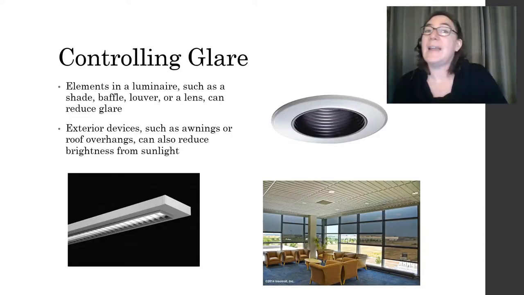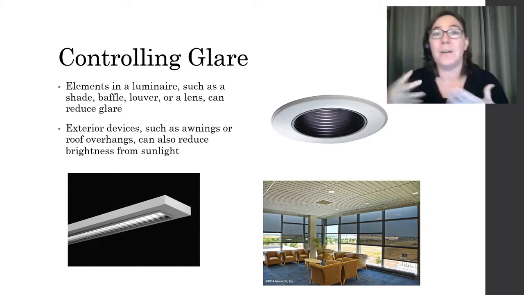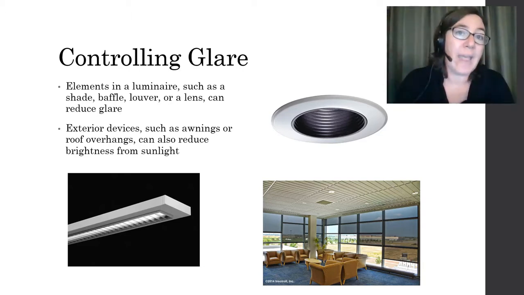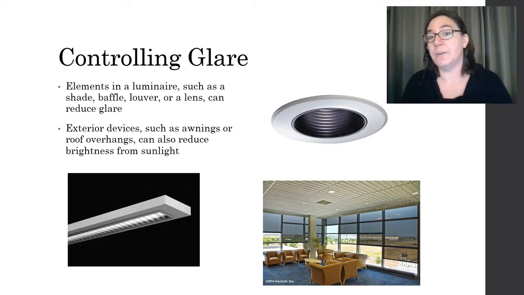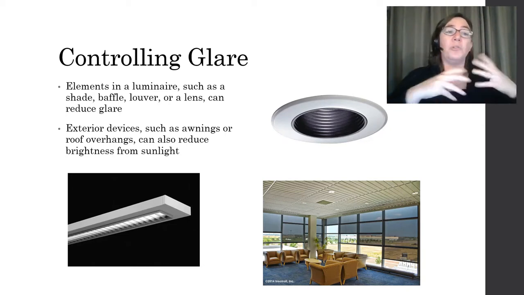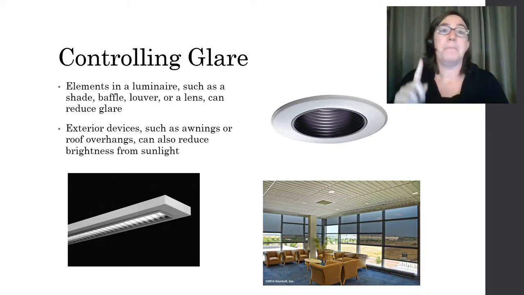How do we as lighting designers control and or eliminate glare? Well, there's two main tools in our back pockets. All right. The first is our lighting layout and careful consideration of placing the luminaires so that they don't create these glare situations. Right. And the second major tool are the actual elements of the luminaire: shades, baffles, louvers, lenses.